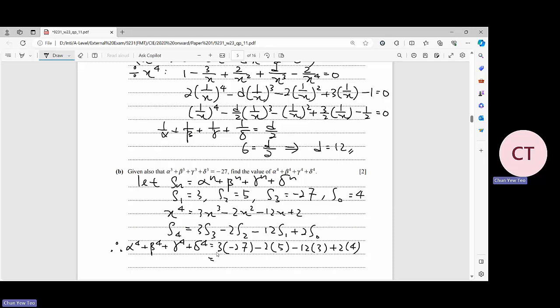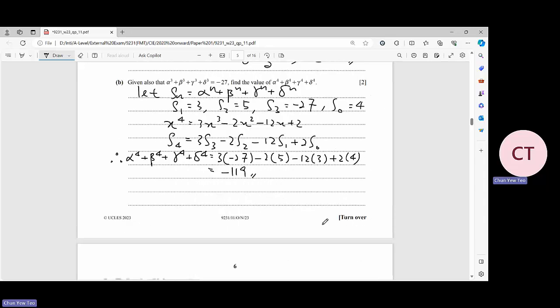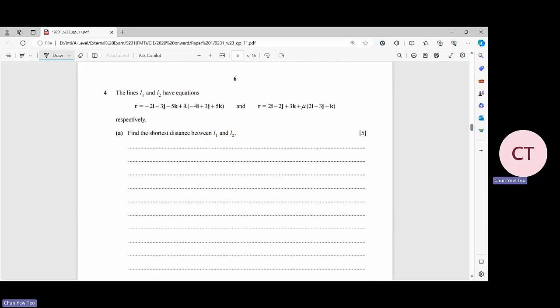So we just need to use our calculator. Negative 81 minus 10 minus 36 plus 8. You get negative 119. Done. This will be the answer for part B. Okay. So next will be question number 7.